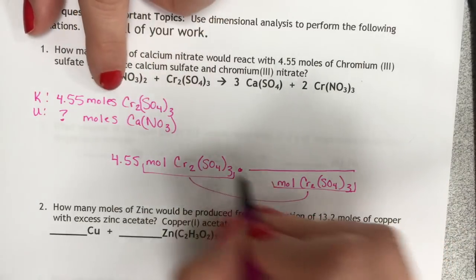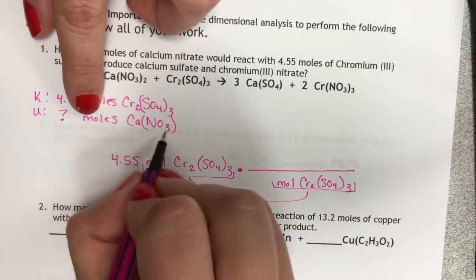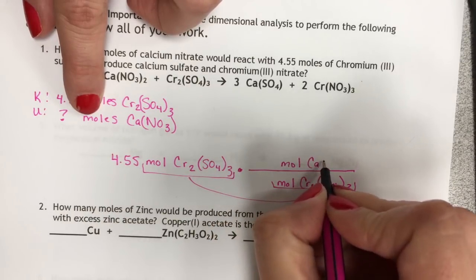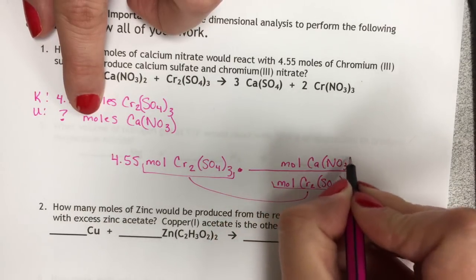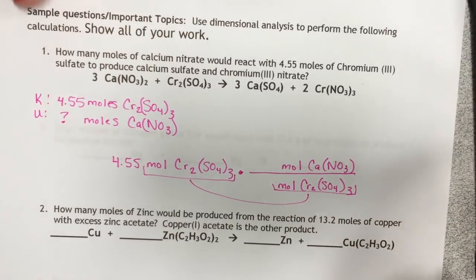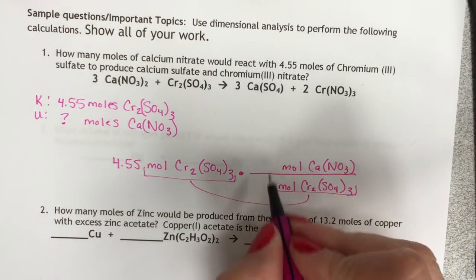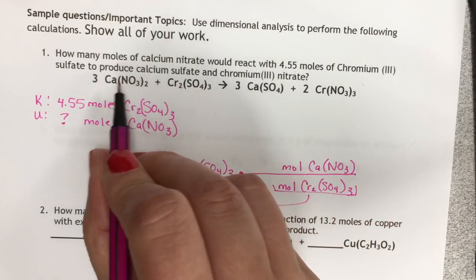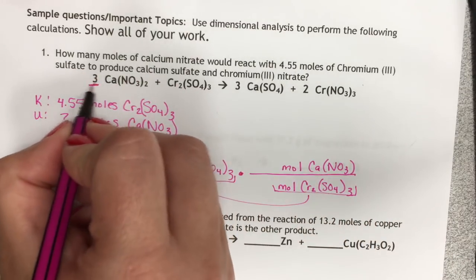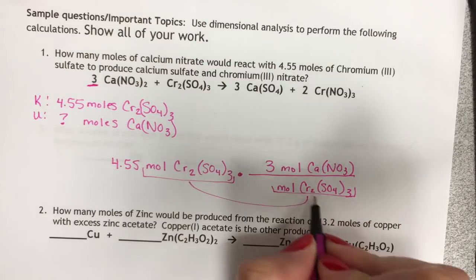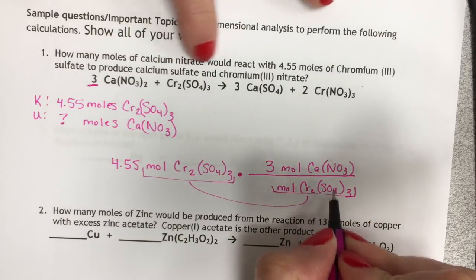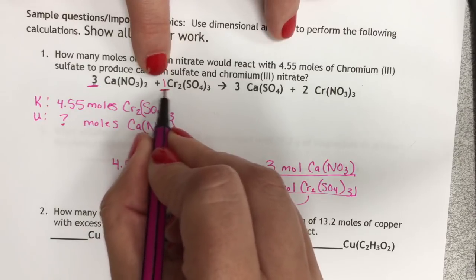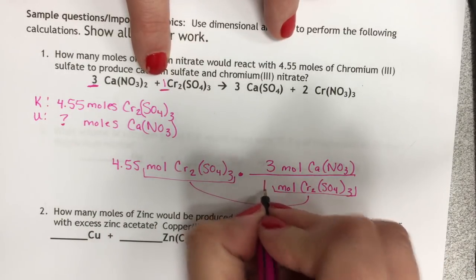And then the unit we're trying to get to: moles of calcium nitrate. So we need to put our ratio. The coefficient for calcium nitrate goes here, and for Cr2(SO4)3 the coefficient is actually 1, so we're going to put 1 here.